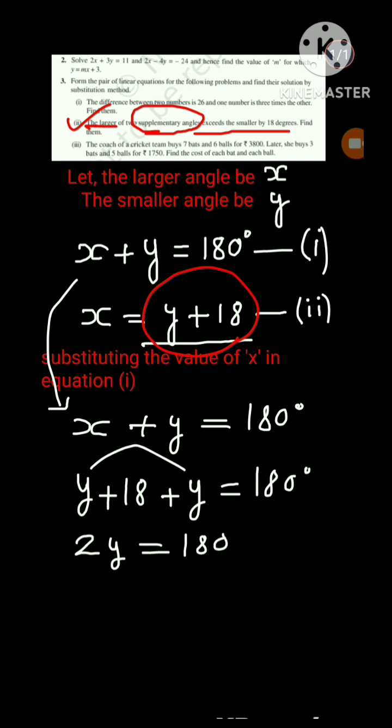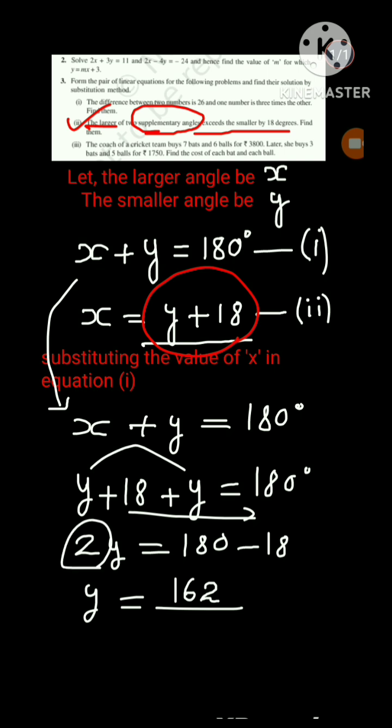minus 18, this plus 18 goes to RHS and becomes minus 18. Now y equal to 180 minus 18. Okay, 10 minus 8, 2, and here is 7, 7 minus 1, 6, and this 2 goes to RHS over here.